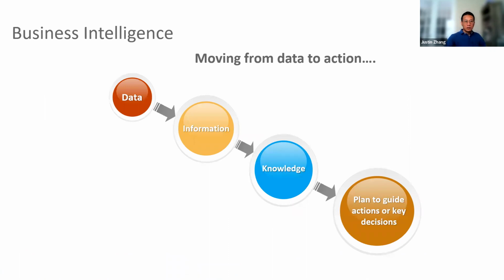Here is the process of business intelligence to guide us from data to action. The idea is to collect data, then create information, then convert information to knowledge, and eventually develop plans to guide actions or key decisions.